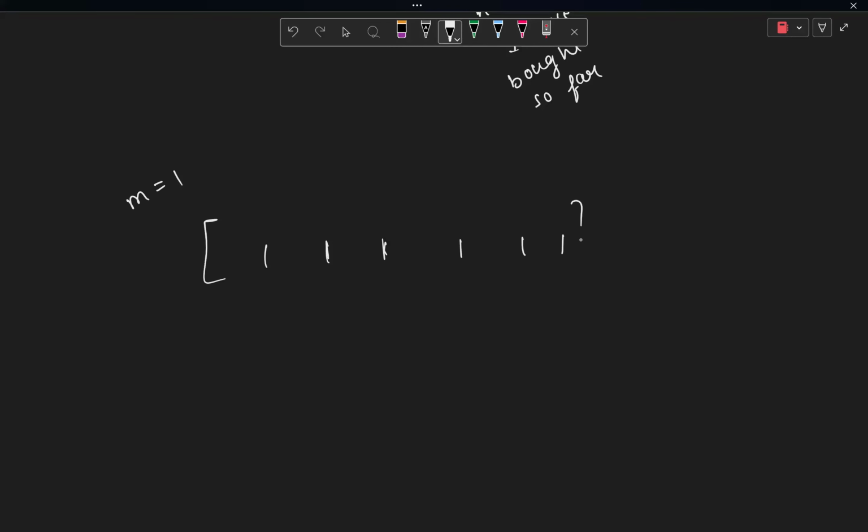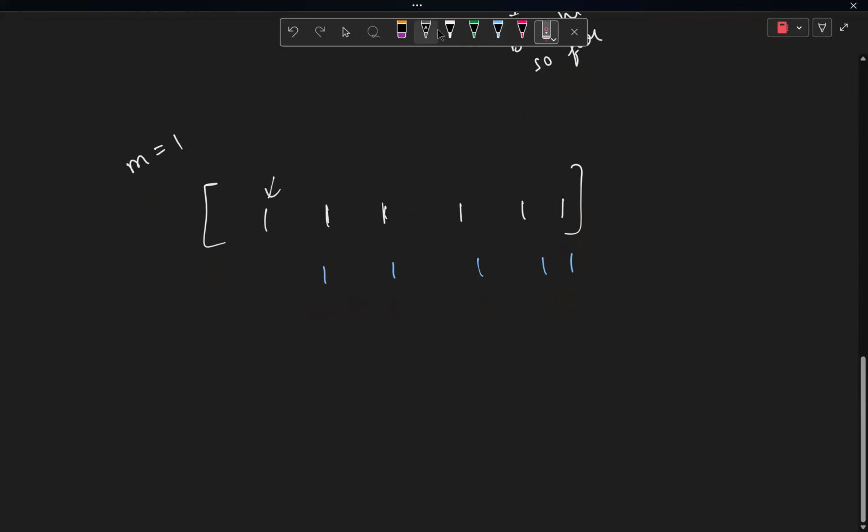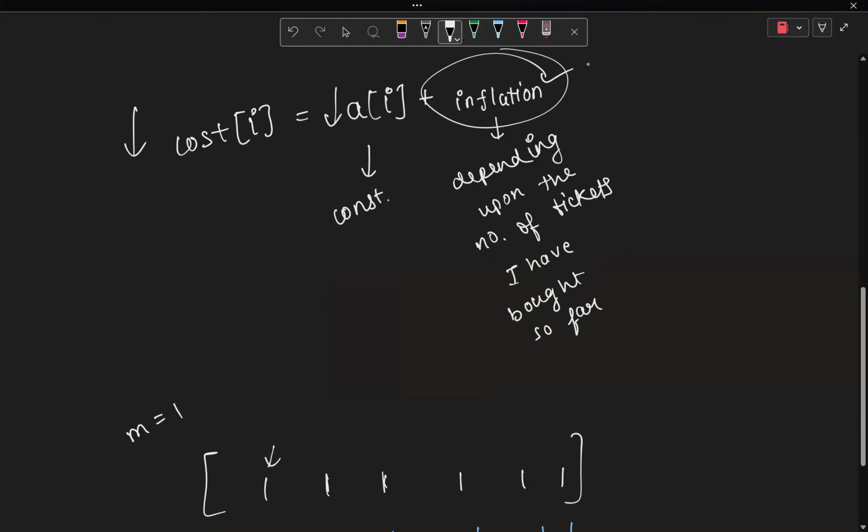Then what will happen is when you buy the ticket on this day, all the people will have their costs incremented, or I can say the inflation amount would have become equal to 1. Then it does not really matter which day I choose. Whichever day I choose, the value of this inflation will remain the same.